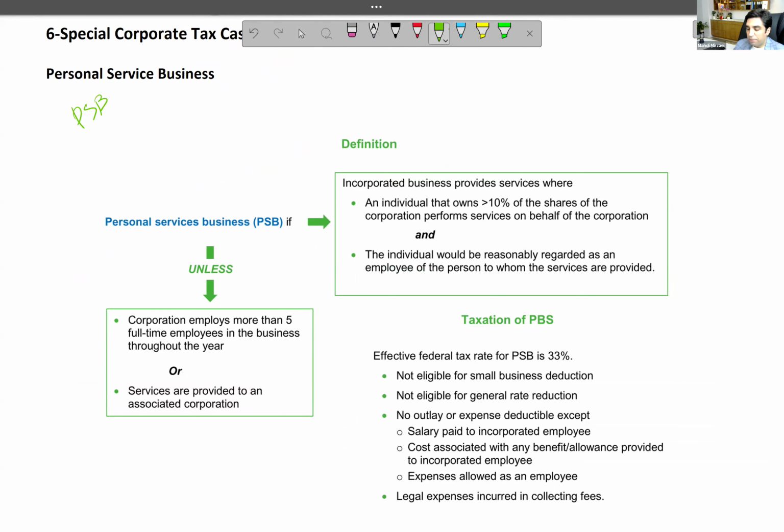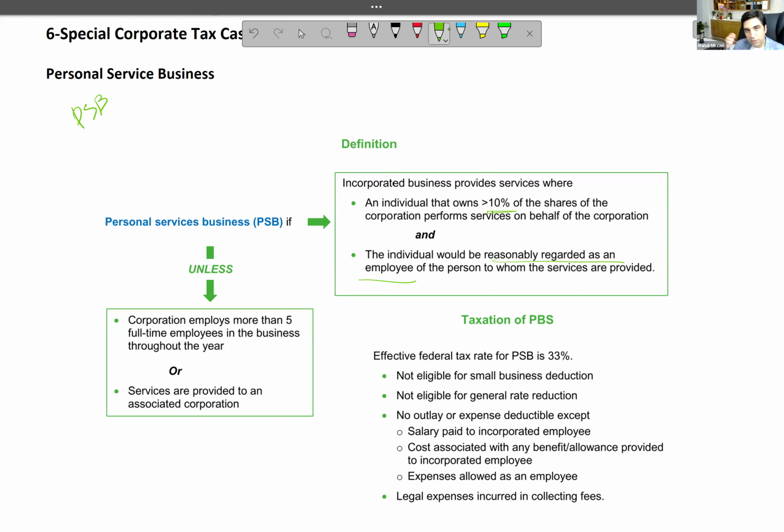So PSB applies when a person incorporates the employment, what's called incorporated employment. So if that person owns more than 10% of the shares, and when you review the description of the contract and anything that they have with the corporation, that person is reasonably considered an employee.